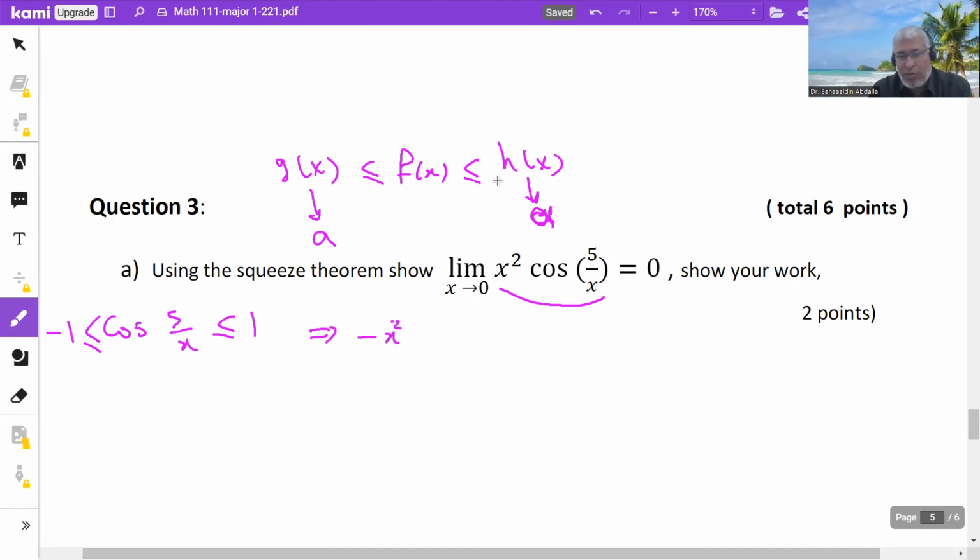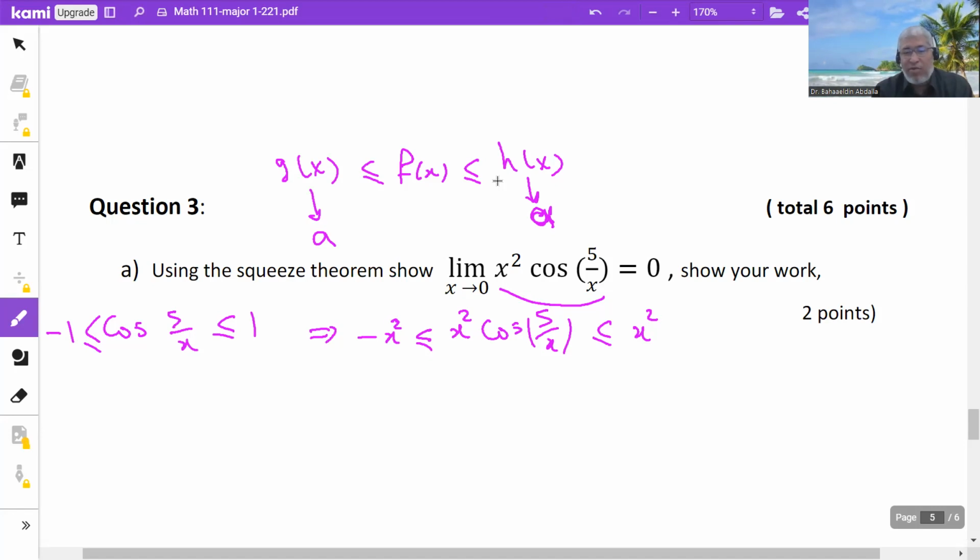No problem to multiply by x squared because the direction of the inequality will not change. So this would be the new inequality: 1 times x squared is x squared, negative 1 times x squared is negative x squared, and I have x squared cosine 5 over x in the middle. And this is my function which I need to put between two other functions.